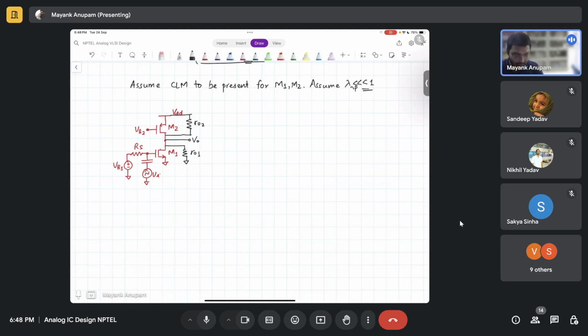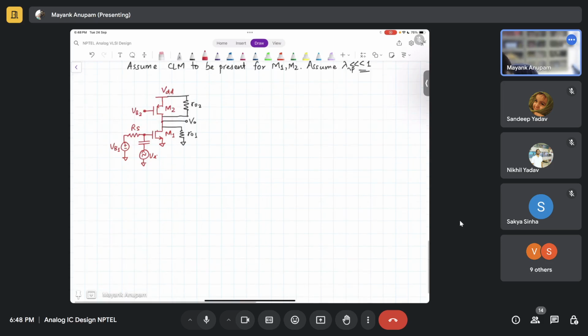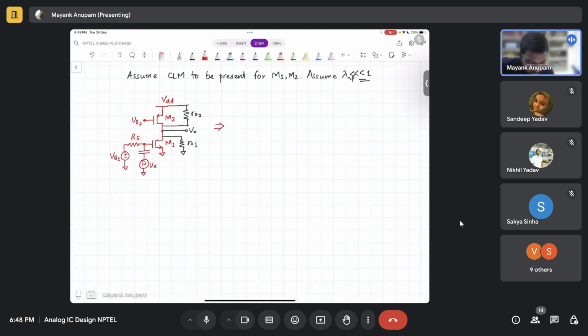Let's say now the currents are different, so how will this model look in small signal? If I only look towards the drain source, there is a current source here, then there is R out.